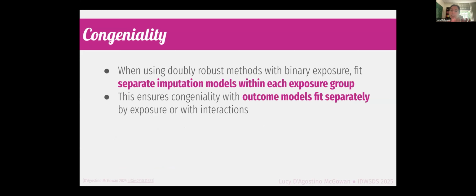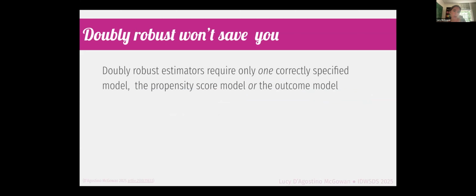And so fitting those separate imputation models ensures congeniality with the outcome models, which are fit separately by exposure or have an interaction with exposure, because those outcome models basically are interacting the exposure with all of the confounders that you've put in them.